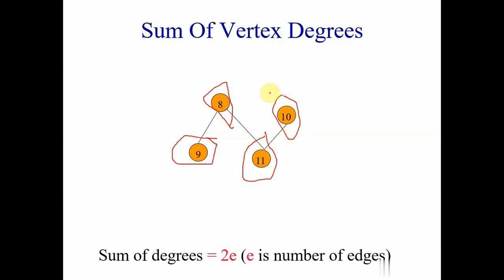To sum it up, 1, 2, 2, 1, the total is 6. Then you can see that the number of edges is 1, 2, and 3. So it's half of the total degree.